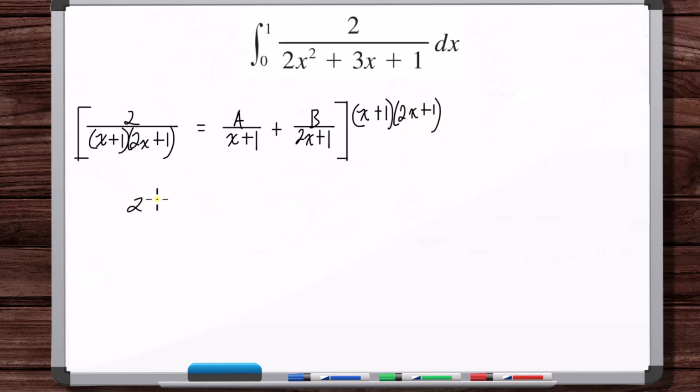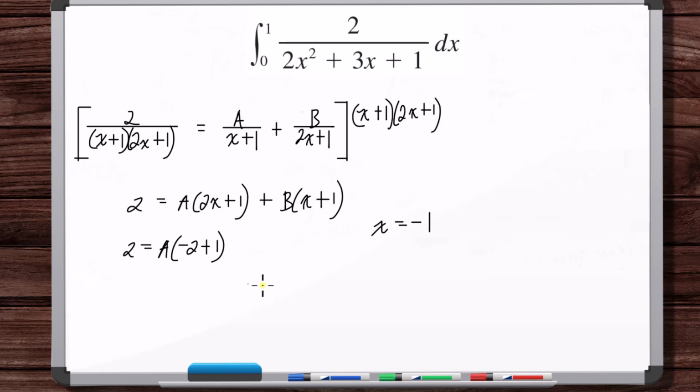So we've got 2 is equal to A times 2x plus 1 plus B times x plus 1. Okay, let's set x equal to minus 1. So we've got 2 is equal to A times minus 2 plus 1. Minus 2 plus 1 is minus 1. So minus A is equal to 2, and A is equal to minus 2.